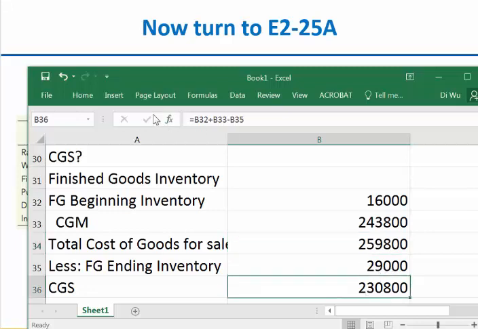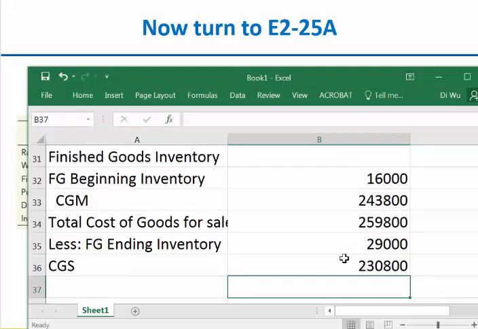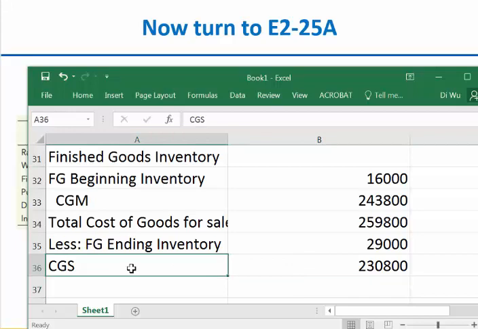Then the CGS can also be calculated using this total cost of goods for sale minus the finished goods ending inventory, which is the same number. So CGS is 230,800. That's how I find the CGM and the CGS.